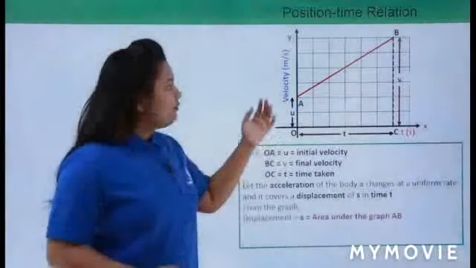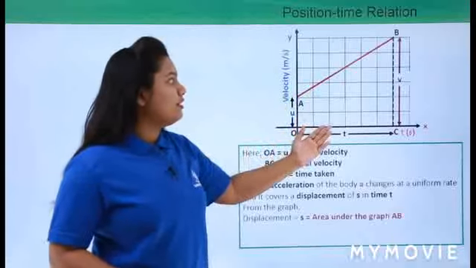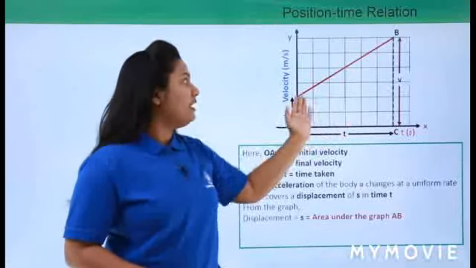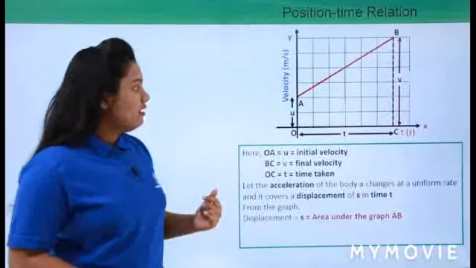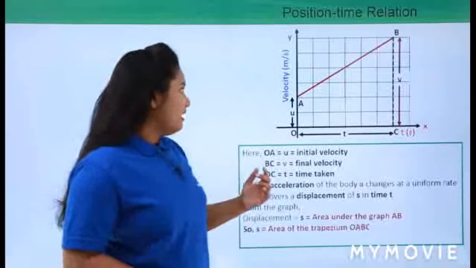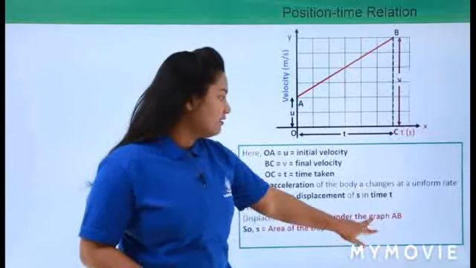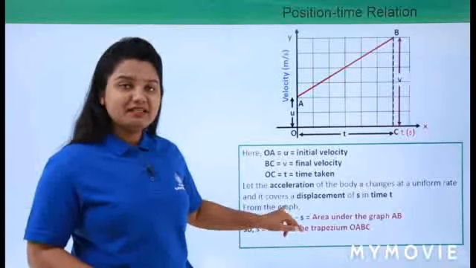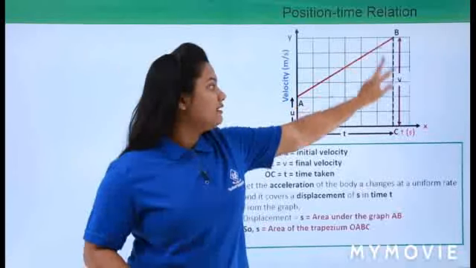Now from the graph we see that the displacement of the body is given by the area under the graph AB. So S, which is the displacement, is given by the area of the trapezium OABC.